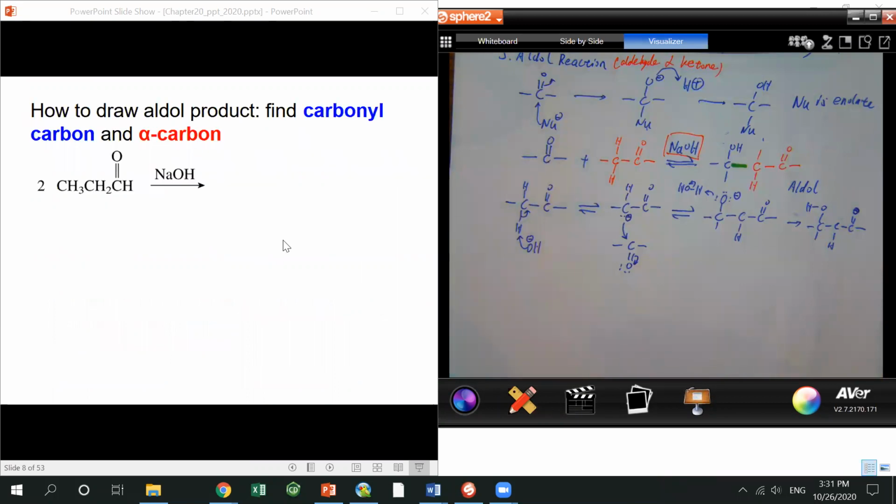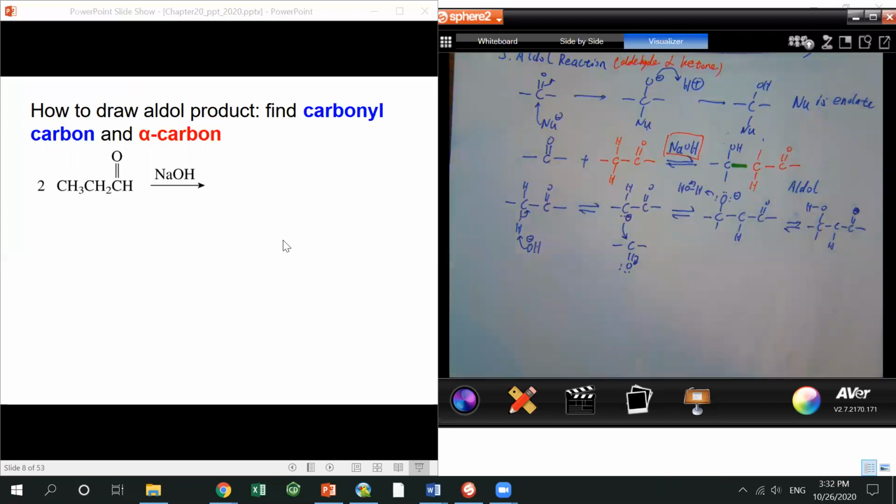The reaction looks pretty easy, but quite often students get lost and don't know how to draw the product. The last step is actually more complicated. All the steps are reversible.